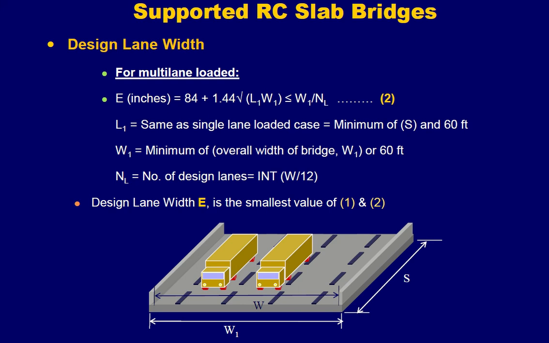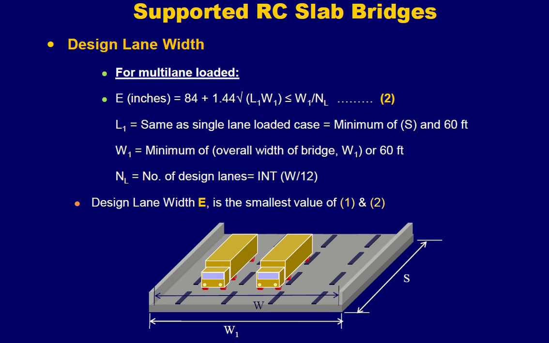Now what are these new terminologies? L1 is the same as in the single lane loaded case, which is the minimum of S and 60 feet. W1 is the minimum of the overall width of the bridge or 60 feet. In the previous case, it was the minimum of 30 feet or the width of the bridge, right? If you remember, over here it's double. What is NL?